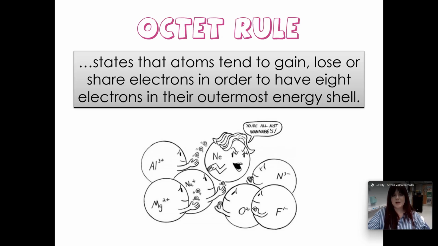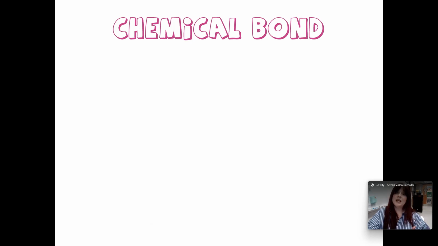We can see just by this image here, neon doesn't want any because neon already has 8 valence electrons in its outermost shell. These metals like to give their electrons away, whereas your nonmetals tend to gain electrons because they have very high electronegativities. Which brings us to chemical bonding.